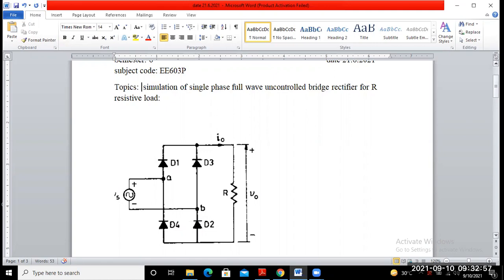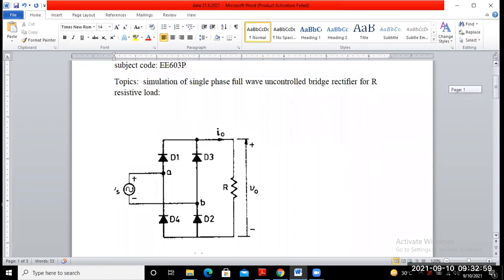Okay, simulation of single phase full wave uncontrolled rectifier, bridge type rectifier for the resistive load, or R load.